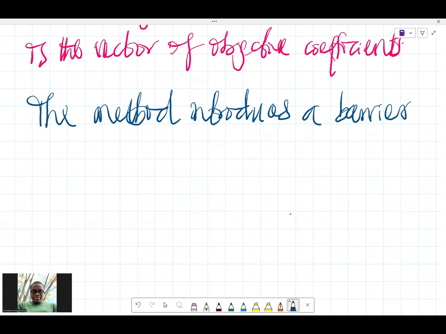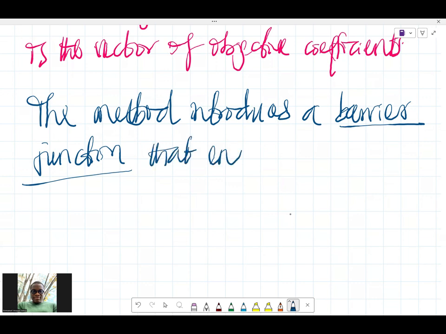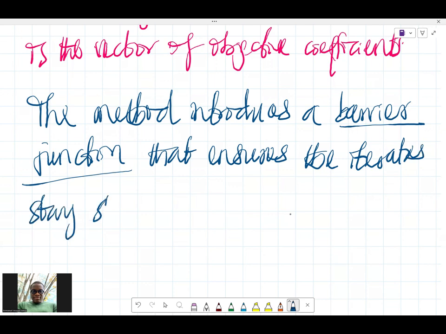The barrier function ensures the iterates stay strictly inside the feasible region.